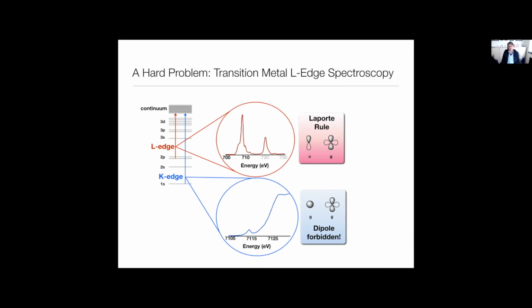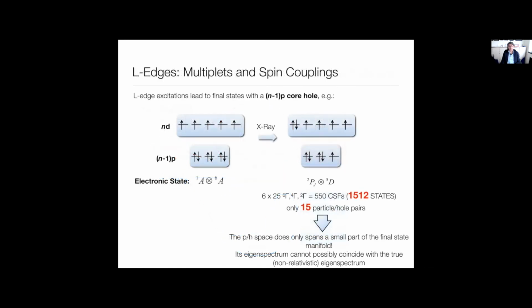That means the L-edges are much lower in energy, and they're also much more intense than K-edges, because we're looking at a dipole allowed transition. But there is a more important aspect of it, and that is a very strong spin-orbit coupling in the partially filled 2p shell, that is splitting the L-edge apart into an L3 and an L2 edge in a way that you are certainly all familiar with.